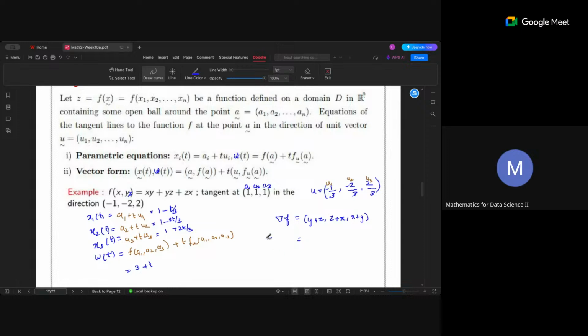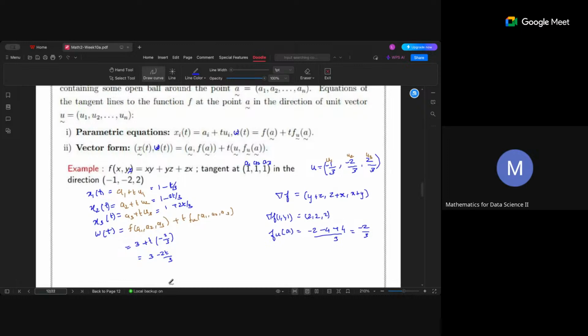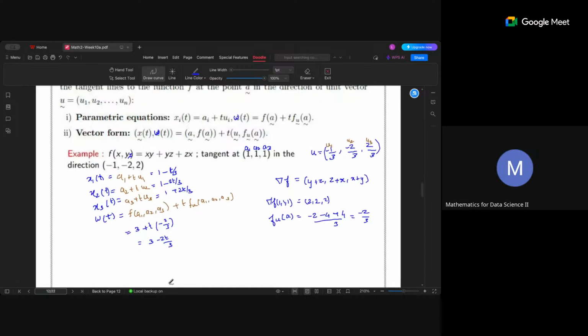So you have del f at 1 comma 1 comma 1 is 2 comma 2 comma 2. So dot product with this vector minus 1 by 3, minus 2 by 3, 2 by 3 will give you fu. So minus 2 minus 4 plus 4 by 3, which is minus 2 by 3. So 3 minus 2t by 3, right? Is that fine? Yes.